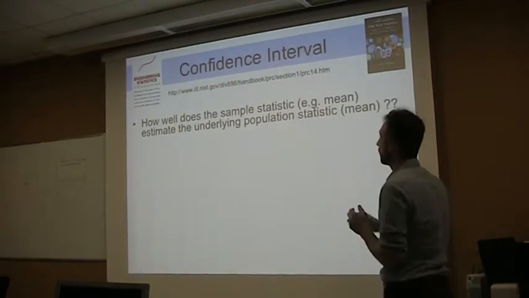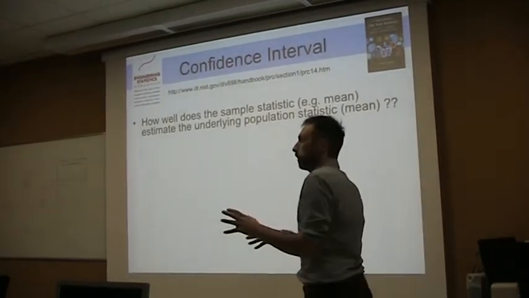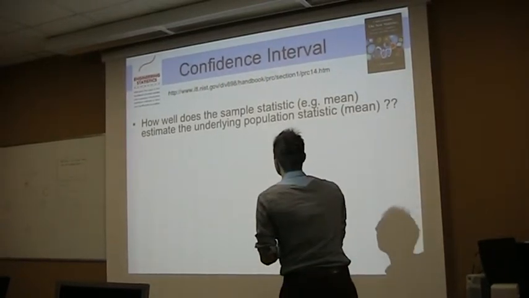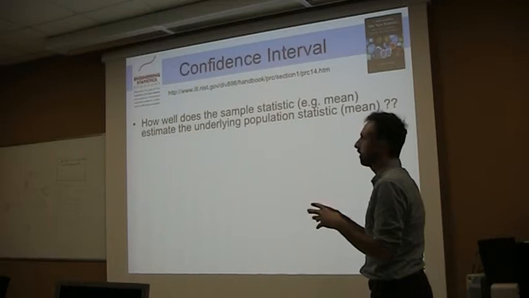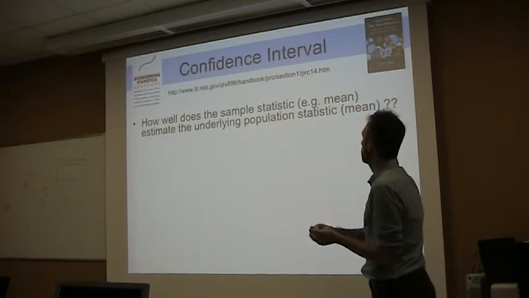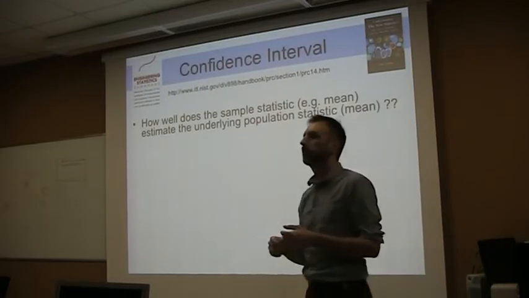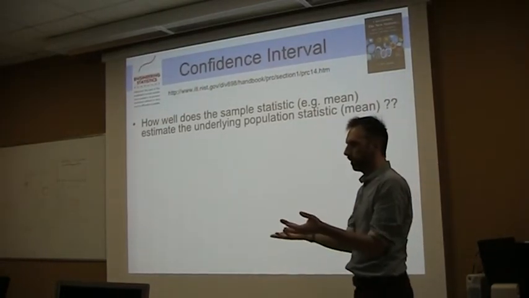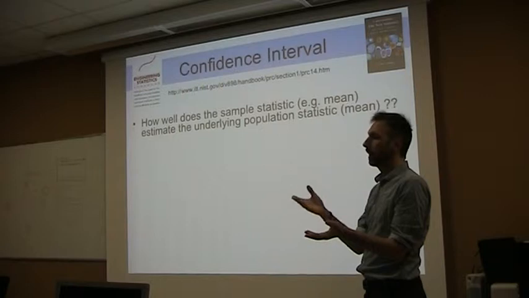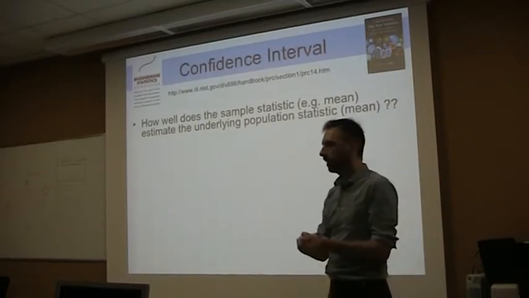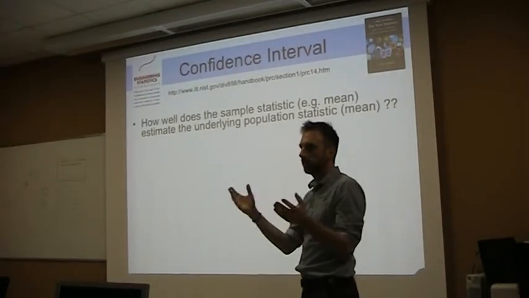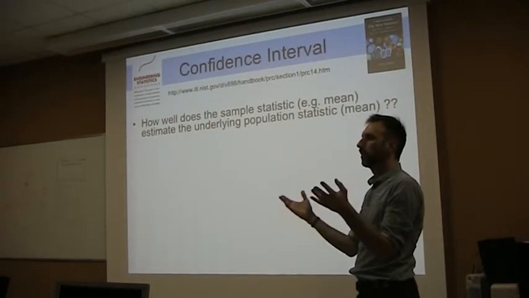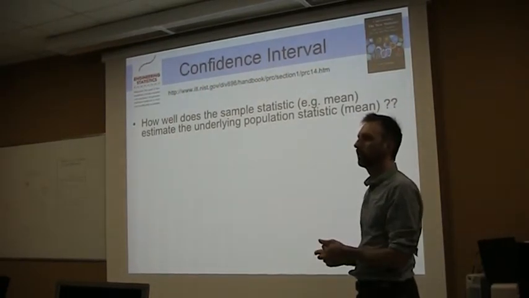So what is the confidence interval? Just as a little refreshing reminder: how well does the sample statistic, for example the mean, estimate the underlying population statistic? If we take a sample like you guys, and I give an exam on how much you know Matlab, and I get a mean, say 80 out of 100, how much does this represent the population of first-year PhD students?